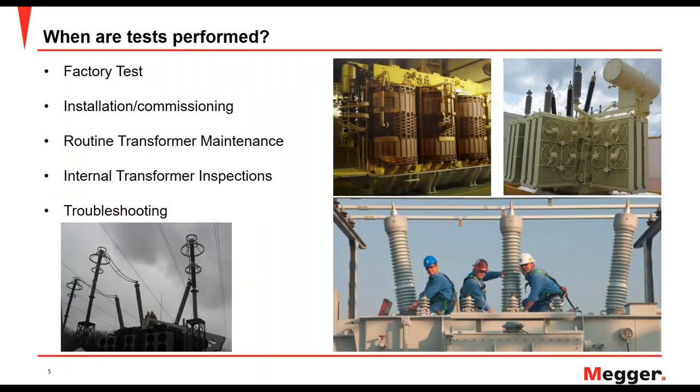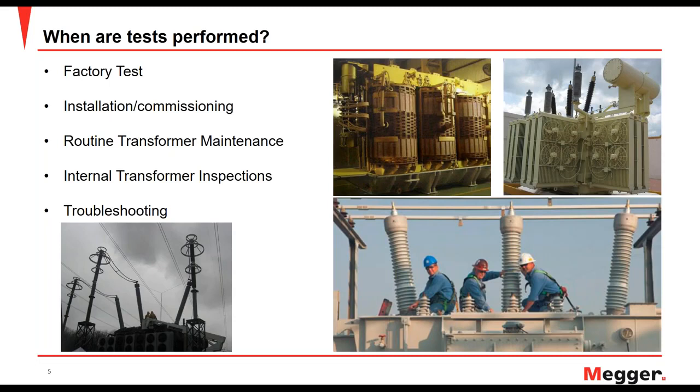To understand when these tests are performed, we can look at different types of factory tests during manufacture. When the transformer is manufactured, it's tested and then sent to the location where it has to be put in service. So during installation and commissioning, these tests are performed. In addition, once you have initiated the service life of this transformer, you would want to perform routine maintenance.